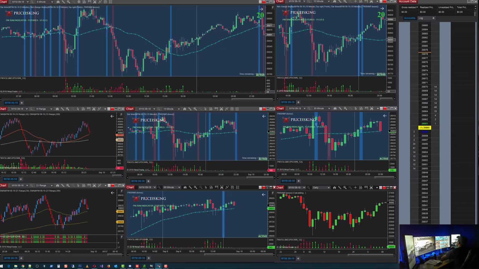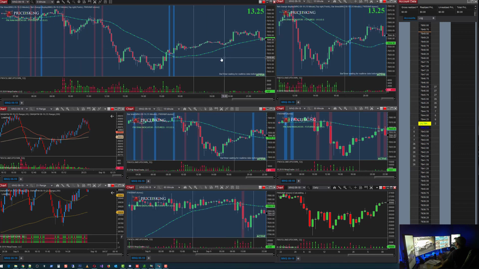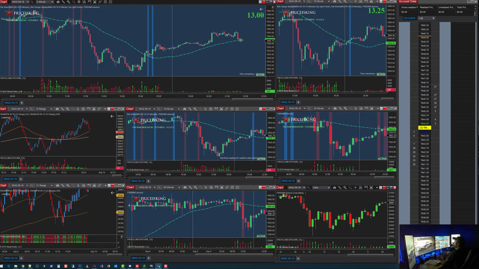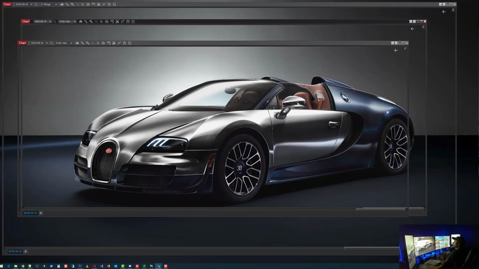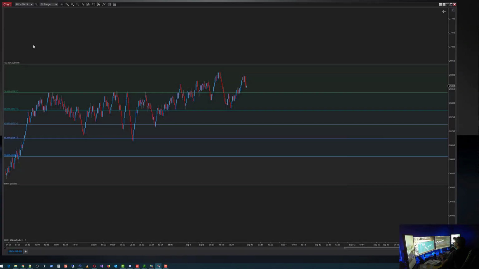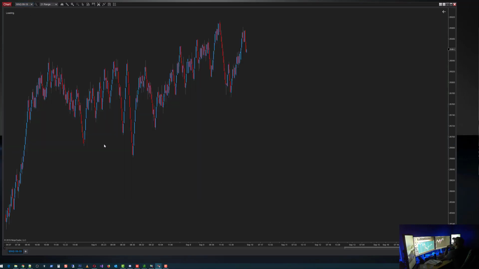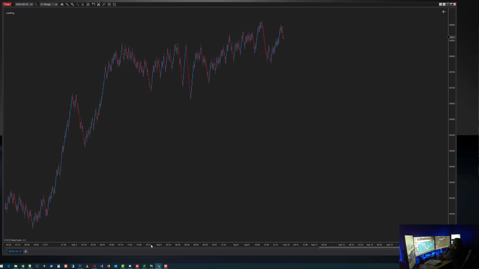So this is the YM and the last, NQ. Let's take a look at the NQ. Let me also show you the NQ on this over here. Alright, so let's see what's going on NQ.